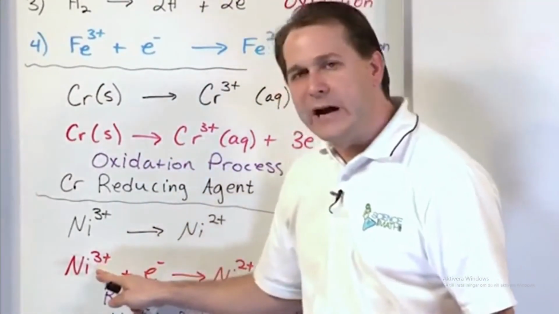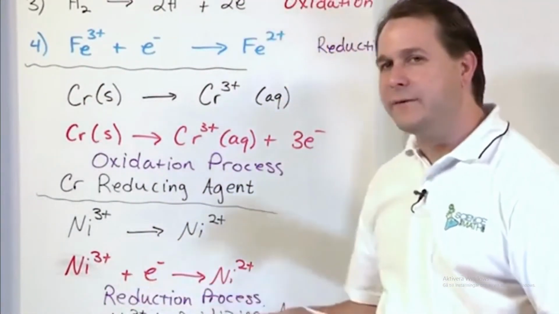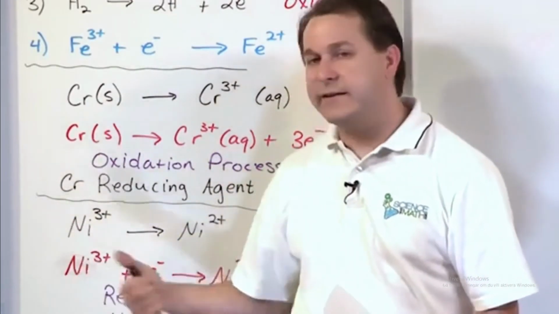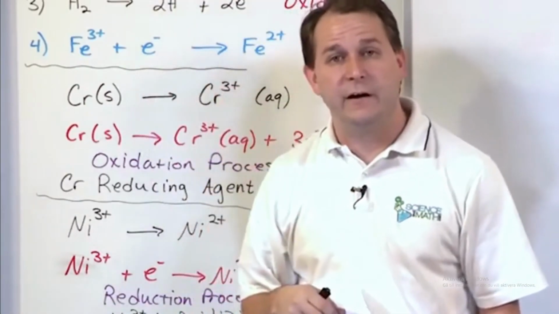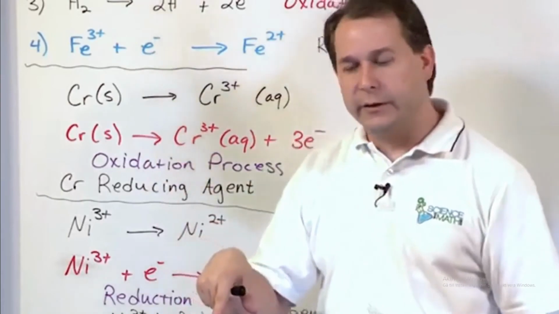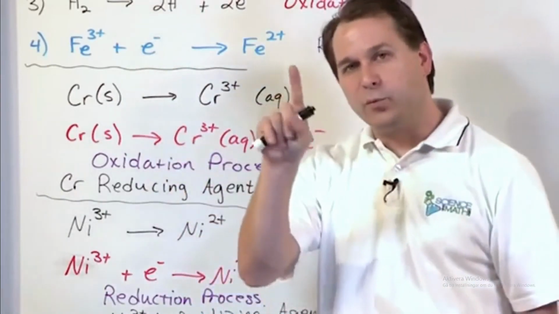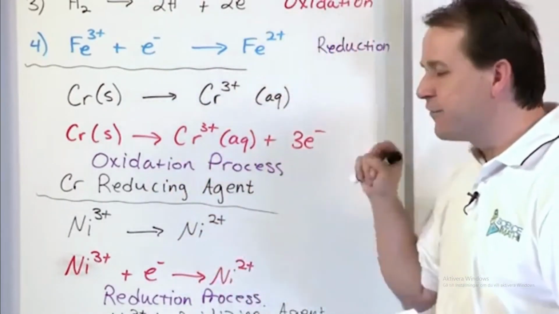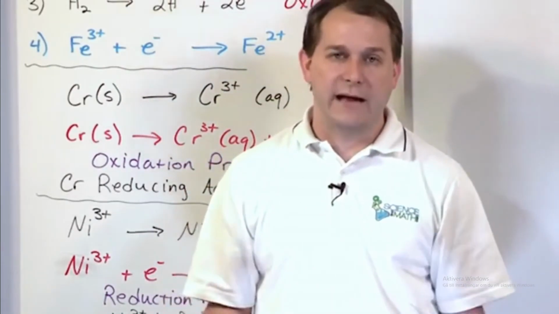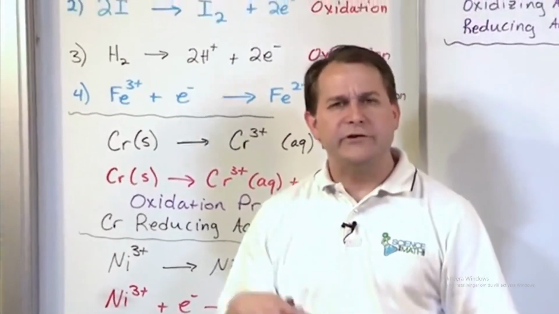If this +3 ion somehow gets less positive, the only way that can happen is if an electron jumps into this atom and takes its position in there. And if I take this one and add another electron to it, then this is going to be a +1 charge. And then if I add a third electron to that, then I would end up with a neutral nickel atom.